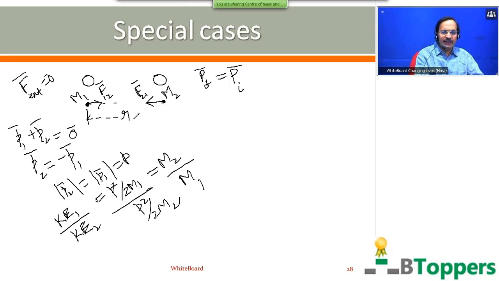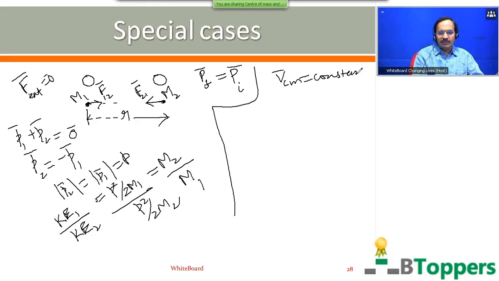Let small r denote the initial distance between the two point masses m1 and m2 when they are initially at rest. Now, when you consider a system of two particles, if no external force acts on the system, the velocity of the center of mass of the system remains constant.